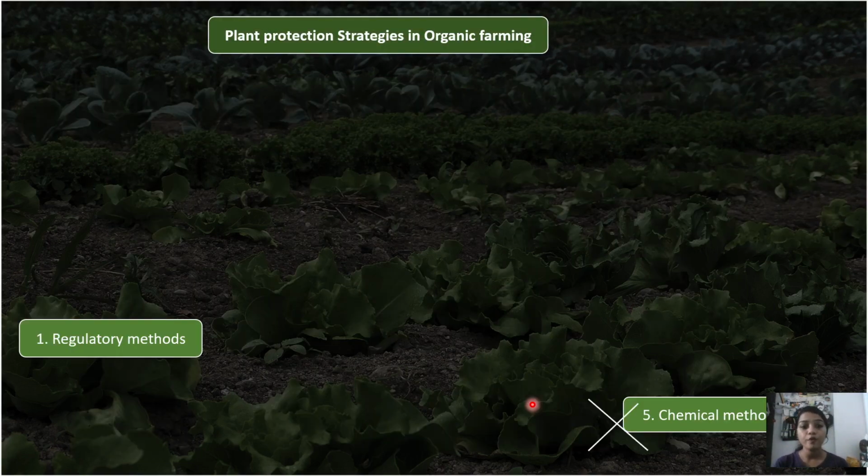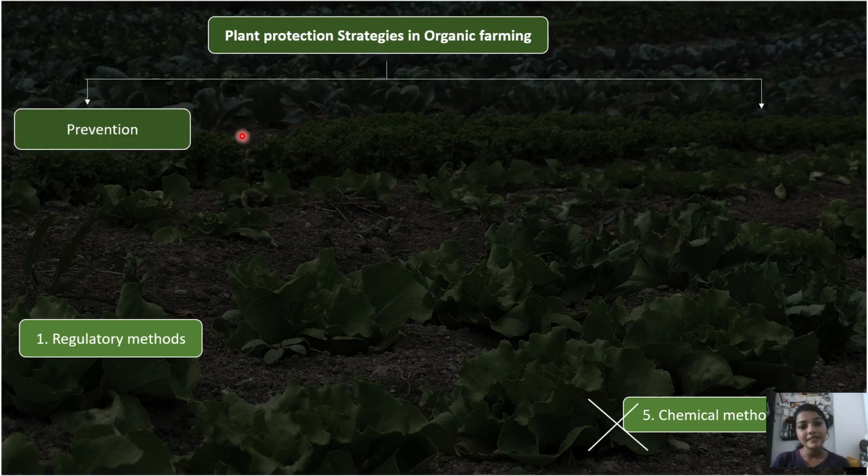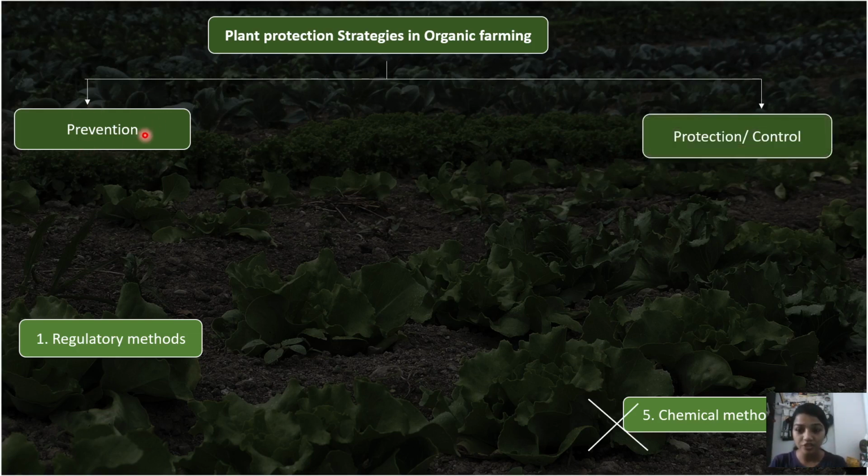Now moving towards the plant protection strategies in organic farming. In plant protection strategies, basically any kind of disease management can be divided into 2 types, that is prevention and protection or control. Now what is prevention?